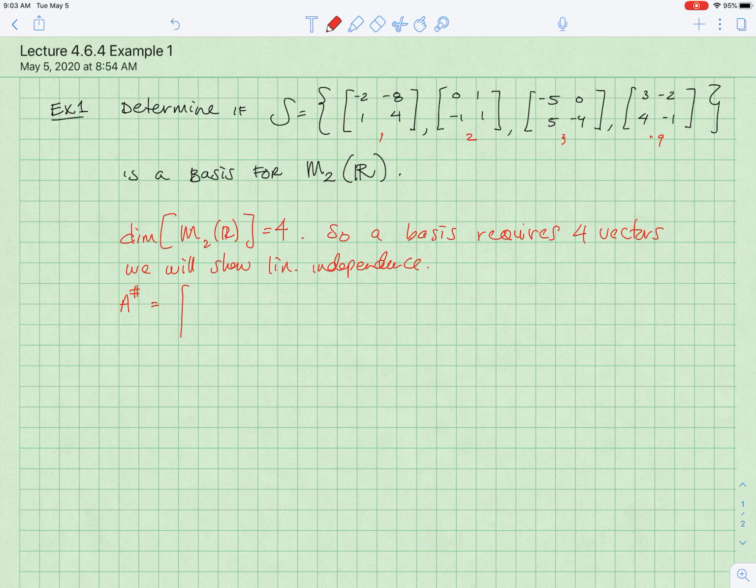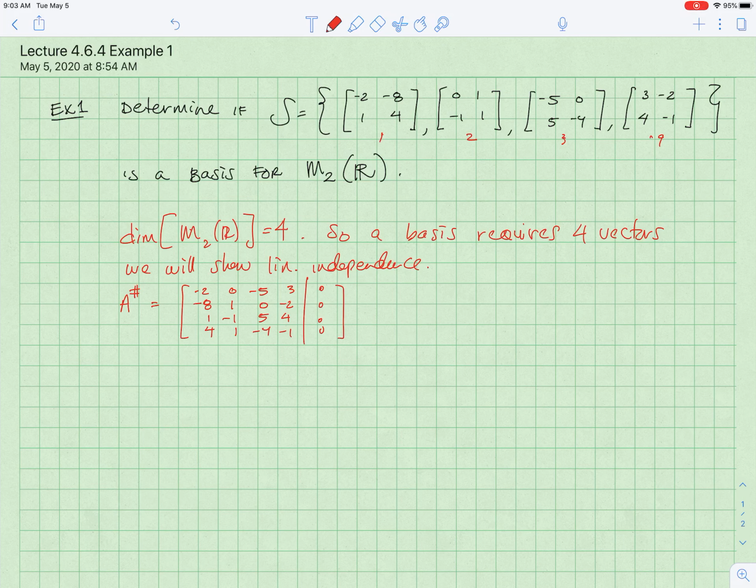The augmented matrix has columns -2, -8, 1, 4, 0, 1, -1, 1, -5, 0, 5, -4, and 3, -2, 4, -1. And then, of course, 0, 0, 0, 0, as we're doing linear independence, and we have this system set equal to the 0 vector.